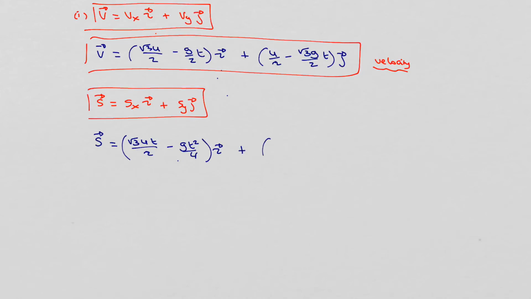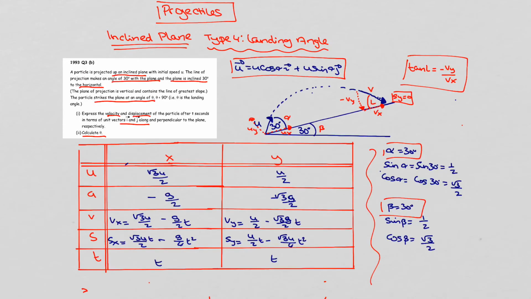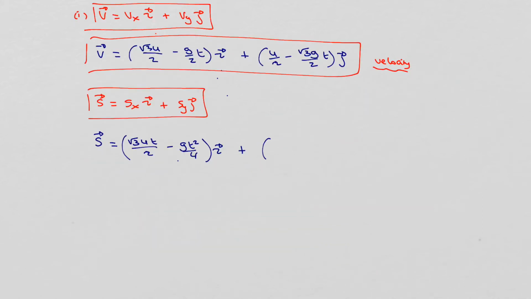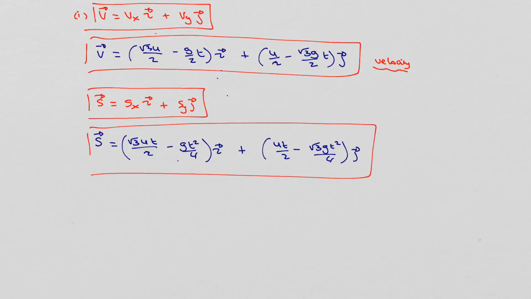And then we have plus ut over 2 minus root 3g over 4 t squared, and that's in the j direction. So that's the first part of our question done.